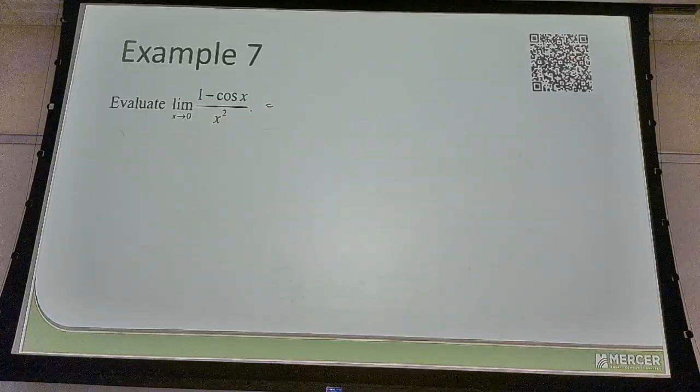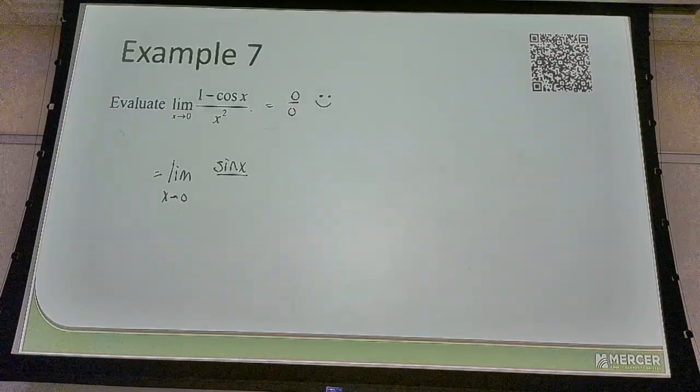What do you get? 0 over 0. Derivative of the numerator. Sine of x. What do you get? 0 over 0.